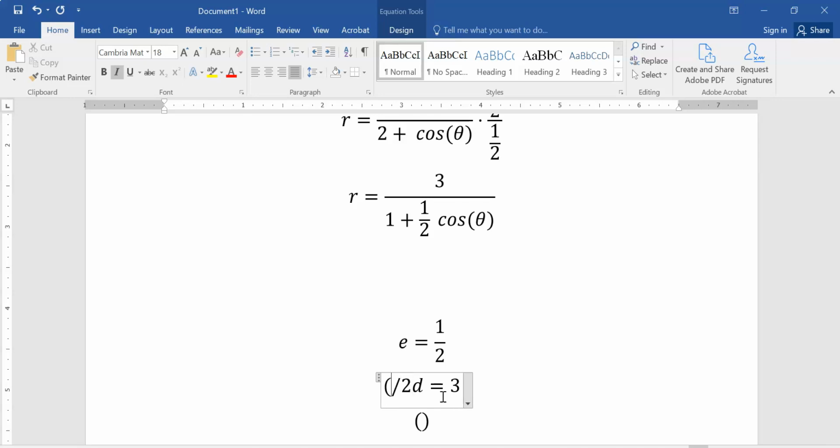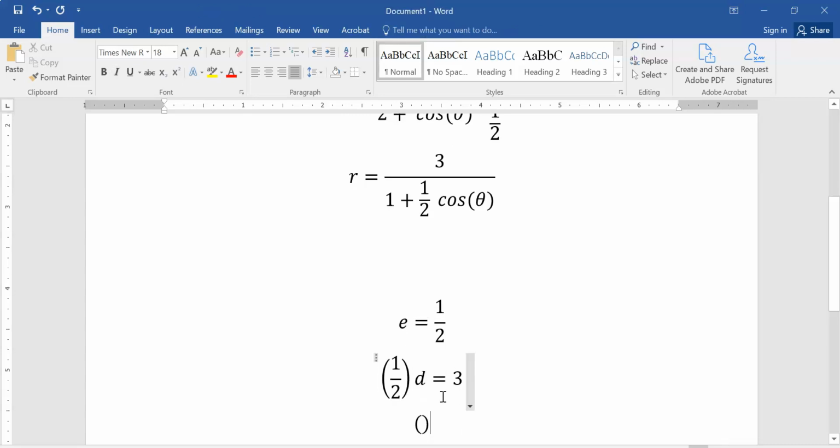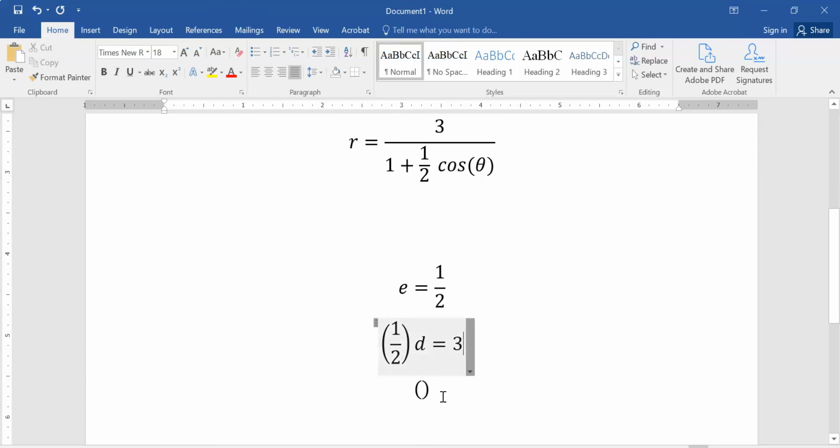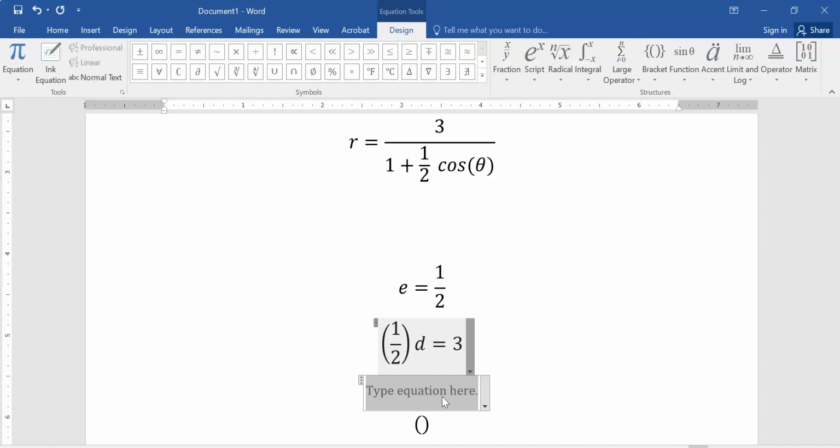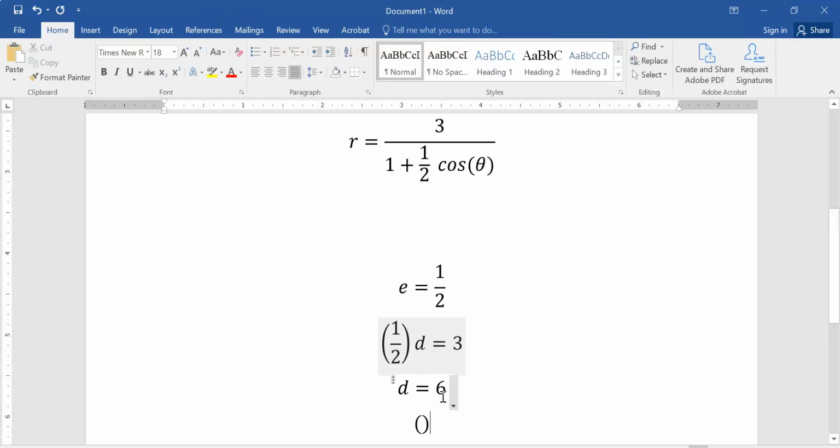E in this case is 1/2, so you can replace the E with a 1/2. So E times D is 3. That means that the distance from the directrix to the pole is going to be 6. And because E is 1/2, that's a number which is between 0 and 1.